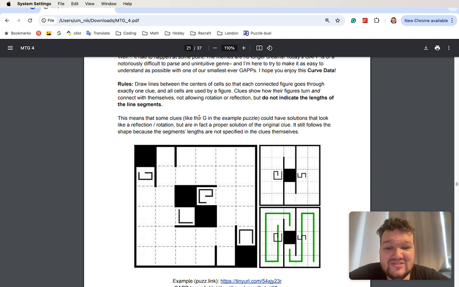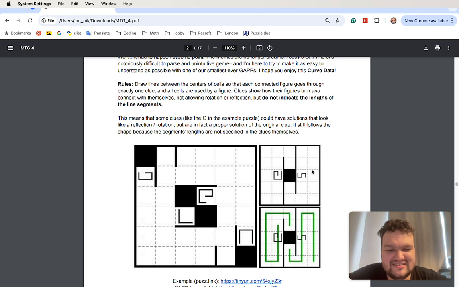This means that some clues, like the G in the example puzzle, could have solutions that look like a reflection or rotation, but are in fact a proper solution of the original clue. It still follows the shape because the segment lengths are not specified in the clues themselves.